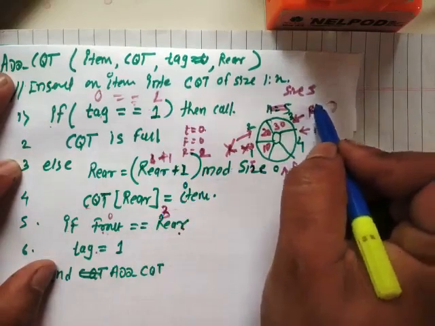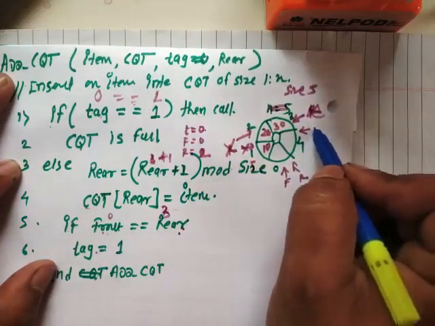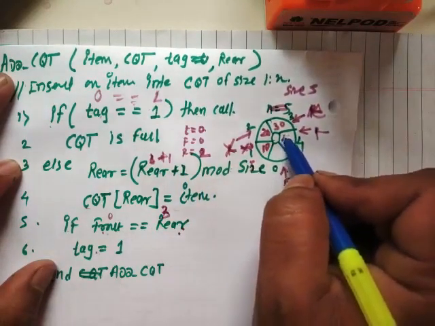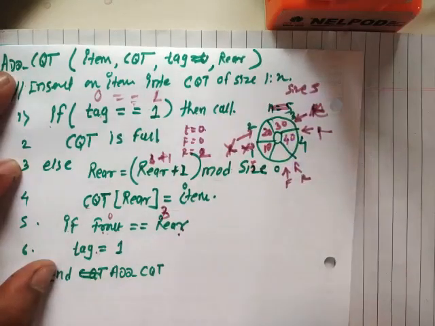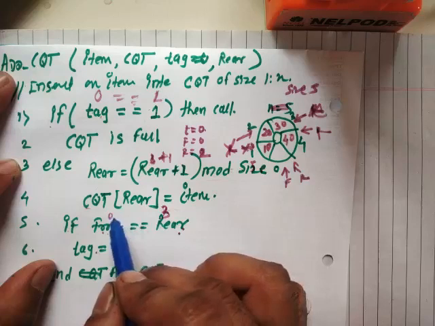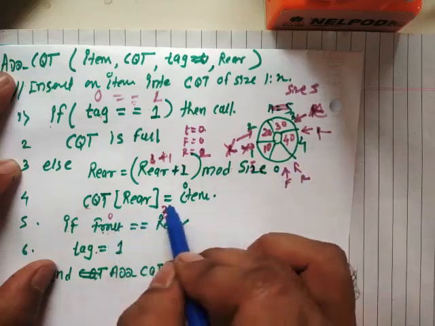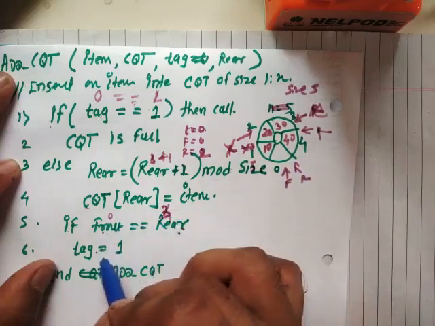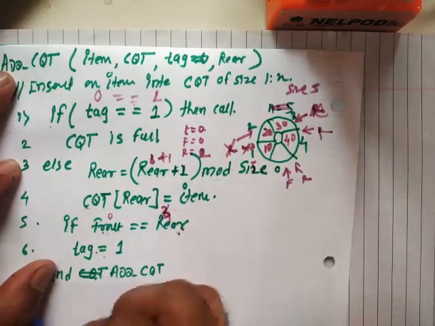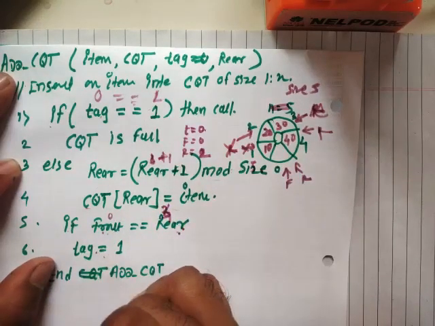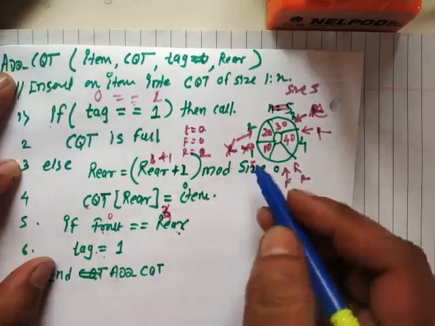So now rear points to index 4 and we insert one more element. Now check front: the front value is 0 and the rear value is 4. The condition is not satisfied, so it will not jump to the if part. End of the execution.